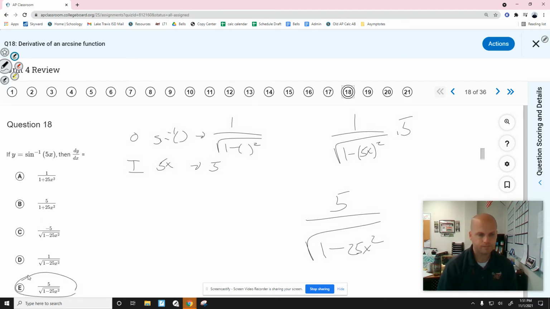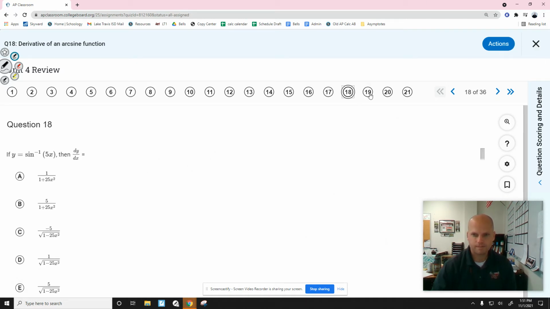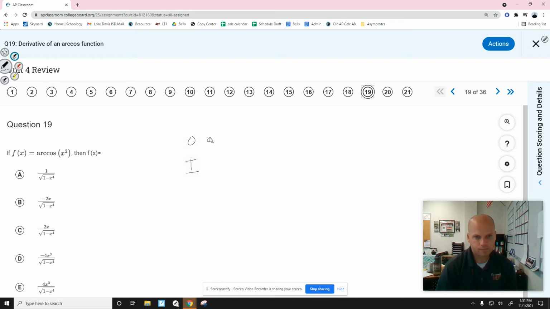Okay, E. We are more than halfway there. All right. Good to have one of everything. The derivative of arc cosine is just like arc sine, only it's the opposite. It's negative. So the derivative of arc cosine is negative 1 over root 1 minus parentheses squared.